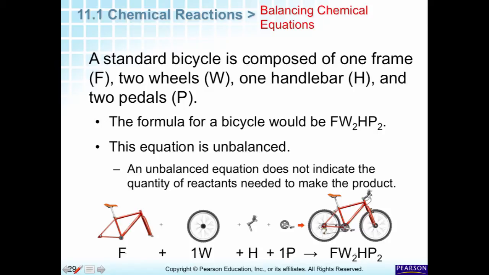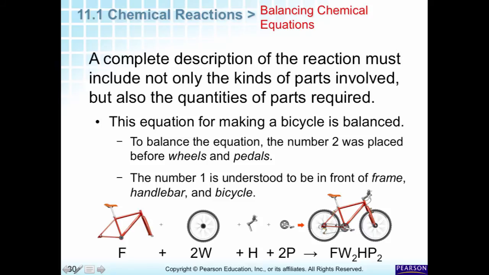So we're going to need 2 wheels. And we're going to need 2 pedals, one over there and one over there. So there we go. We need 1 frame, 2 wheels, 1 handlebar, and 2 pedals.